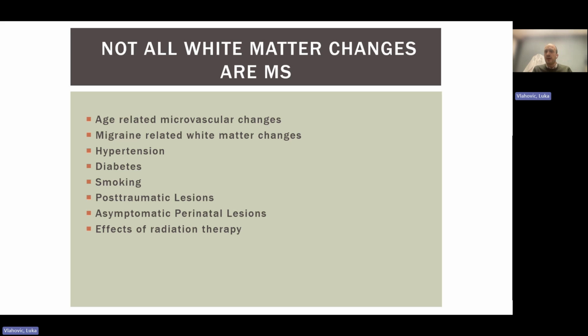And this is not a completely exhaustive list. Sometimes we can even see lesions that we postulate can be there from the perinatal or in utero time, but just stay there for a long time, asymptomatic. And if somebody did not have an MRI previously in life, they would simply be unrecognized.